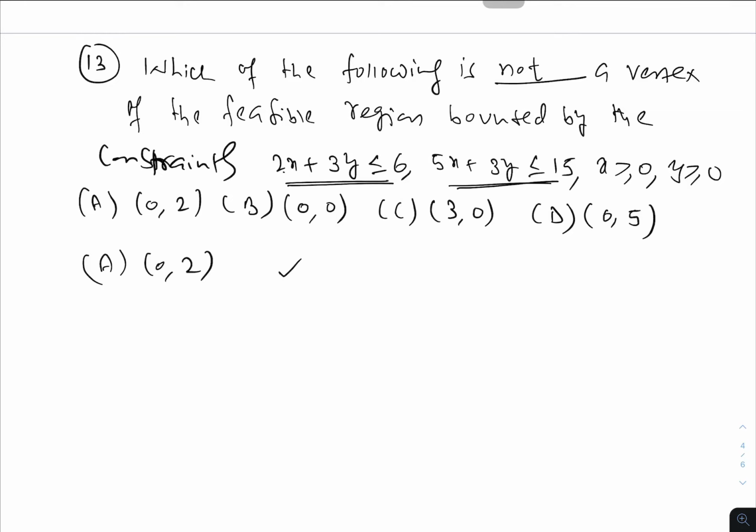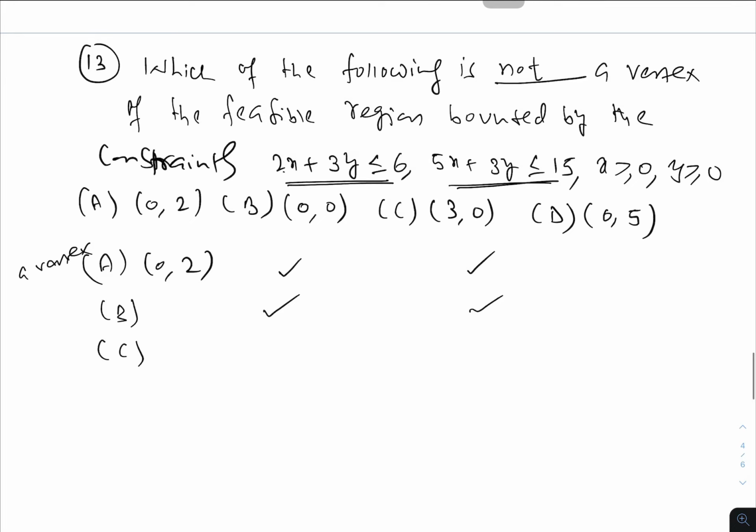Then 3 into 2 is 6, 6 less than or equal to 15, yes, and this is already satisfied. So this is a vertex of the feasible region. Similarly you have to check B, so that is also there.